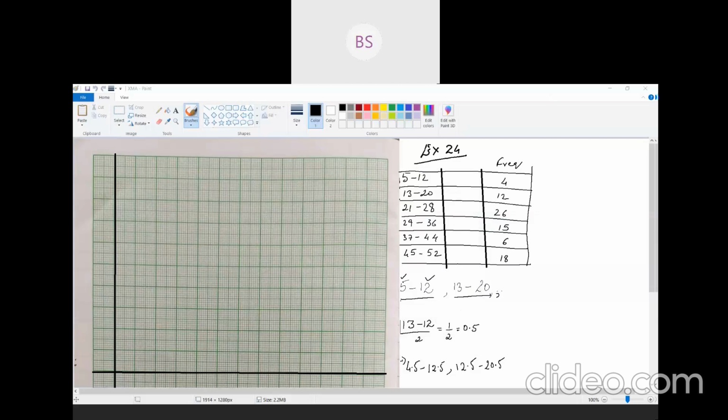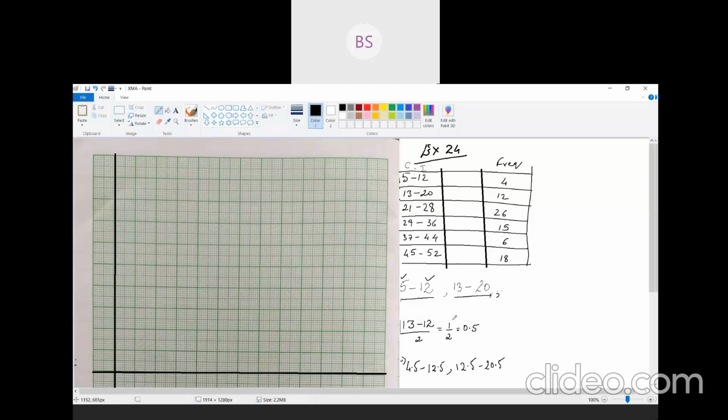So we were seeing how to make the class intervals continuous, right? These are the given class intervals in question number 3. We first make the class intervals continuous. We took the upper limit of the first class interval and the lower limit of the second class interval, subtract them and divide by 2.